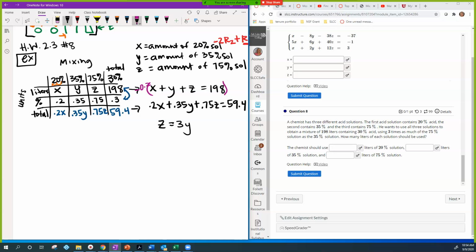If I multiply that through, on that top one I'd have negative 0.2x minus 0.2y plus 0.2z equals, and then 198 times 0.2 gives me 39.6.